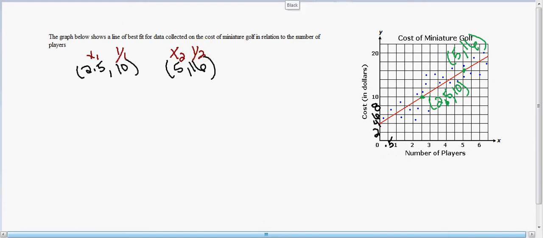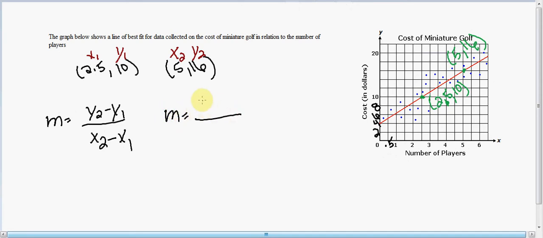And the first thing that I want to do is get the slope of the line. So I'm going to say slope is y2 minus y1 over x2 minus x1. And I'm going to plug in my points that I have. So I have 16 minus 10 and 5 minus 2.5.